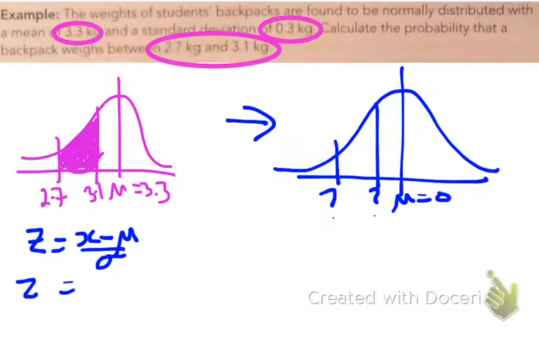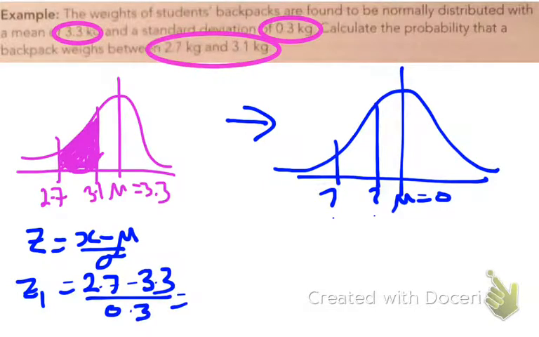For z1, we're going to say 2.7, take away 3.3, over 0.3, and that's going to give us a z-score of -2. So if I rub out that first question mark, we can now put that value of -2 onto our distribution.